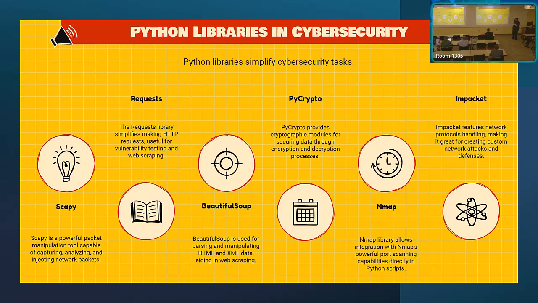But Python libraries, let's talk about popular ones in cybersecurity. And this is where we'll start getting into some of the fun of this session. How many people here have ever used Wireshark? All right, so a lot of people. So if you wanted to use your own Wireshark or manipulate packets, you could create your own Wireshark-esque application using Scapy. And you might say, well, Brandon, why would I want to do that? Wireshark works great.